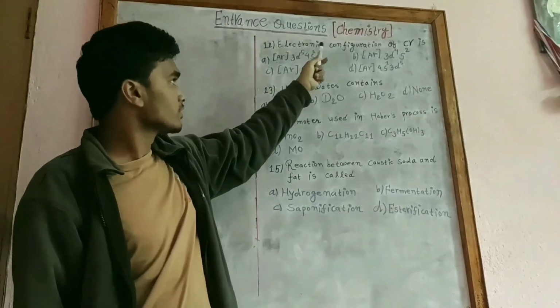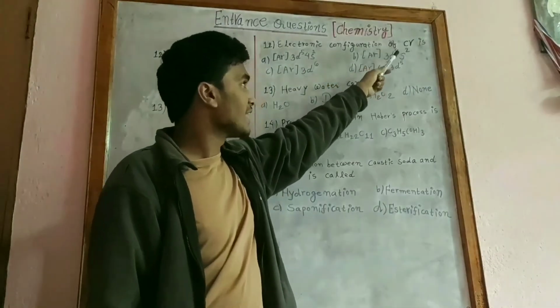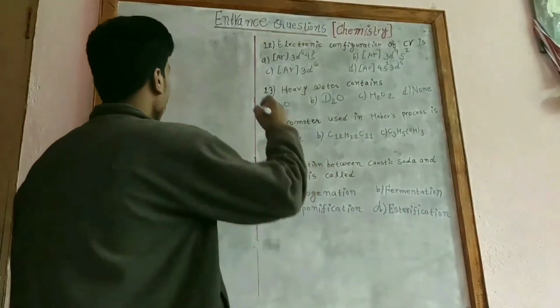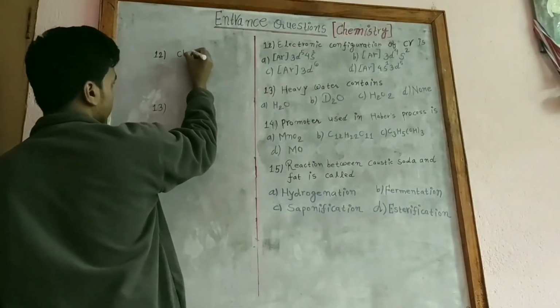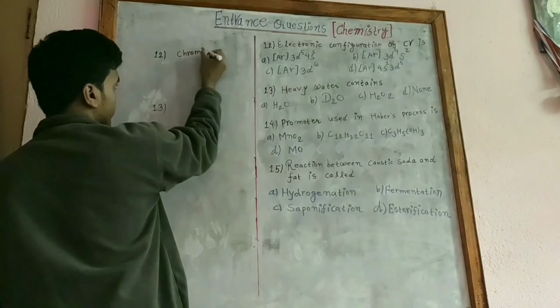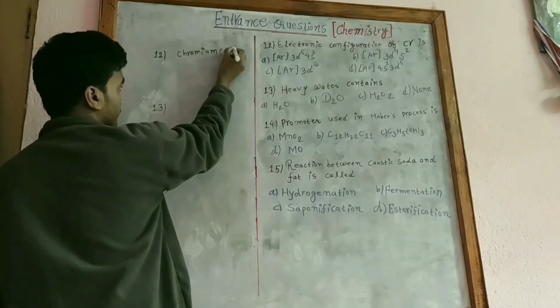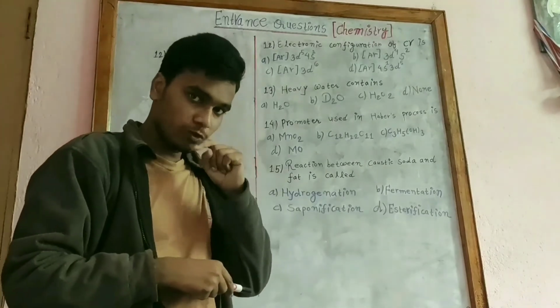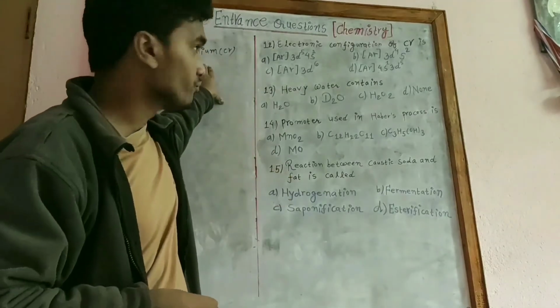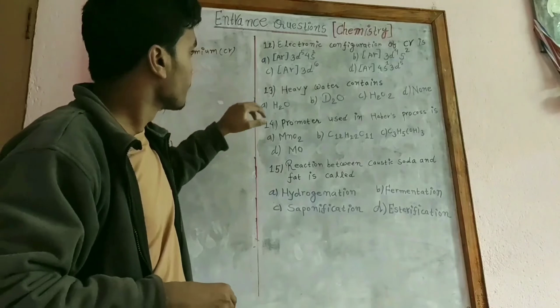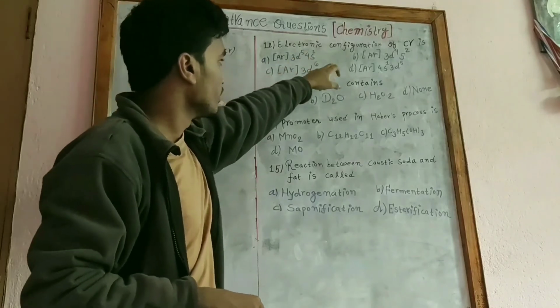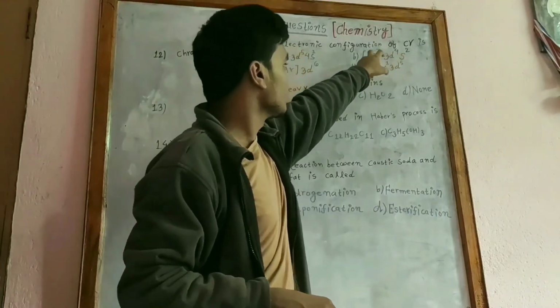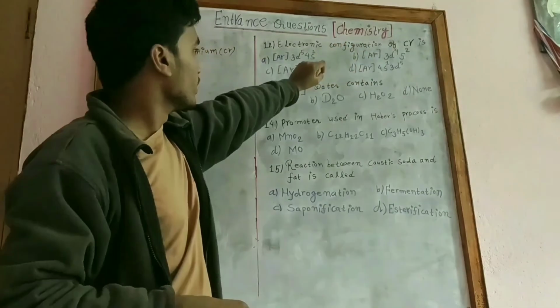Question 12, what is the electronic configuration of Cr? Cr means chromium. You have to remember that the atomic number of chromium is 24. Here also you have 24. Here also, if you add, you will get 24.